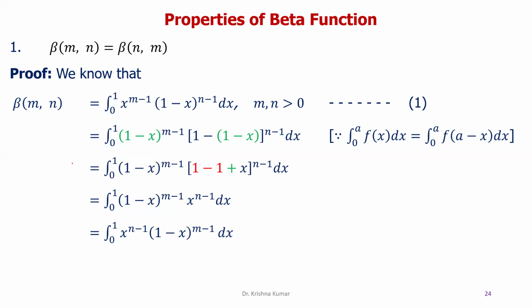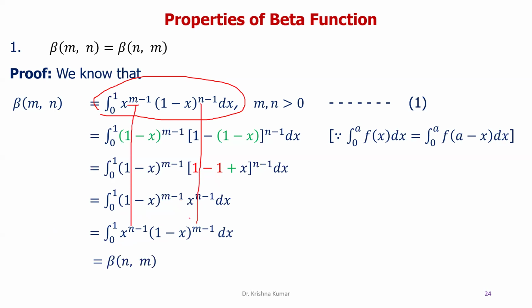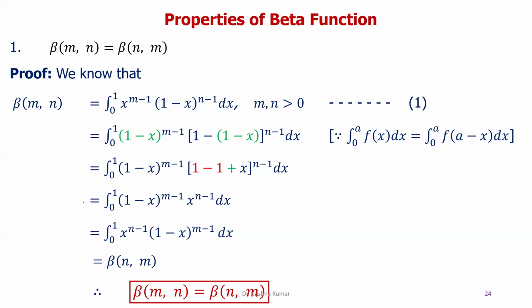Now if we compare this with the definition of the beta function, in place of m it is n, and in place of n it is m. So we can write beta of n, m. Hence beta of m, n is equal to beta of n, m. So there is no need to be confused about whether to write m first or n first. We can interchange m and n anywhere. This is the very basic property of the beta function.